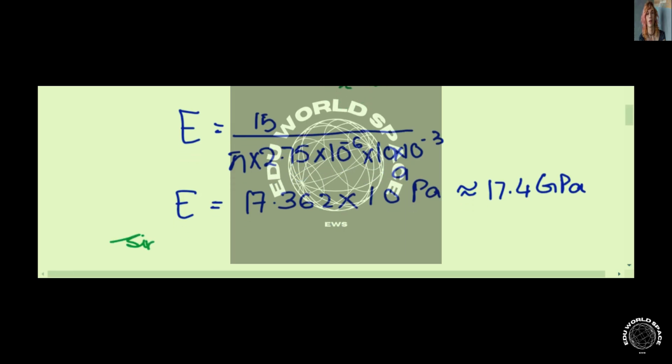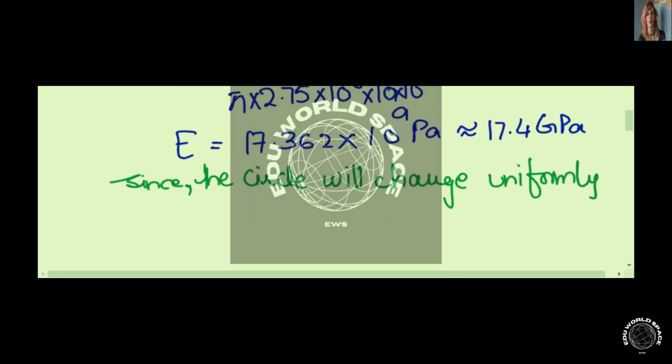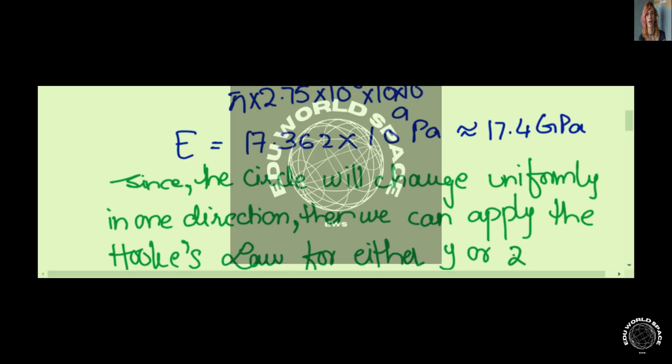Now, since the circle will change uniformly, and that too in only one direction, we can apply Hooke's law for either the y or z direction.